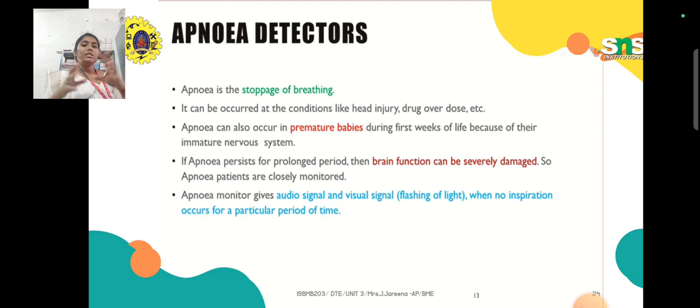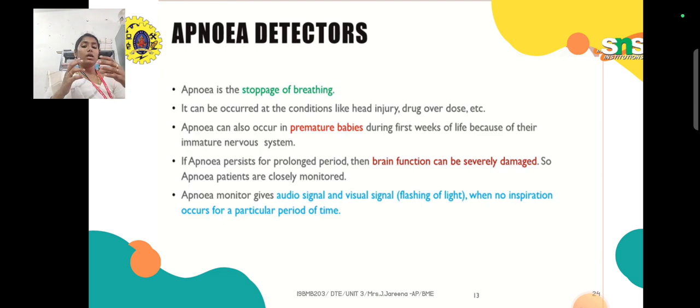This is the reason we have brought out a technology or device called apnea detectors, to address these challenges and to improve the survival rate by preventing death because of apnea. We can also call them apnea monitors, where we can diagnose whether people have apnea or not.